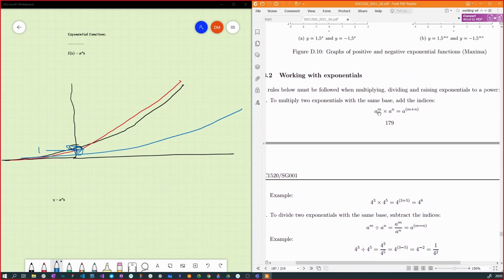So they say here if the exponents are different but the bases are the same, then when you are timesing the two terms, all you have to do is add the exponents. And they give an example here where 4 to the power of 3 times 4 to the power of 5, which obviously has the same base. If you're simplifying, you just say 4 to the power of 3 plus 5, which is 4 to the power of 8.